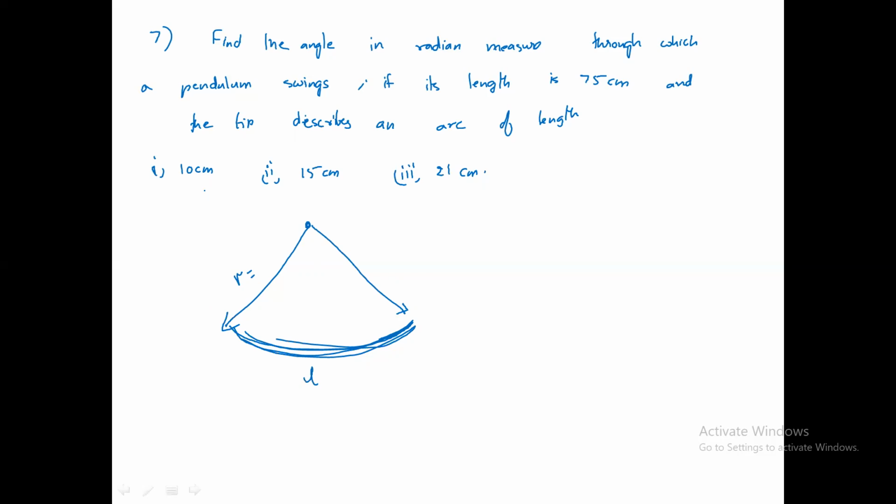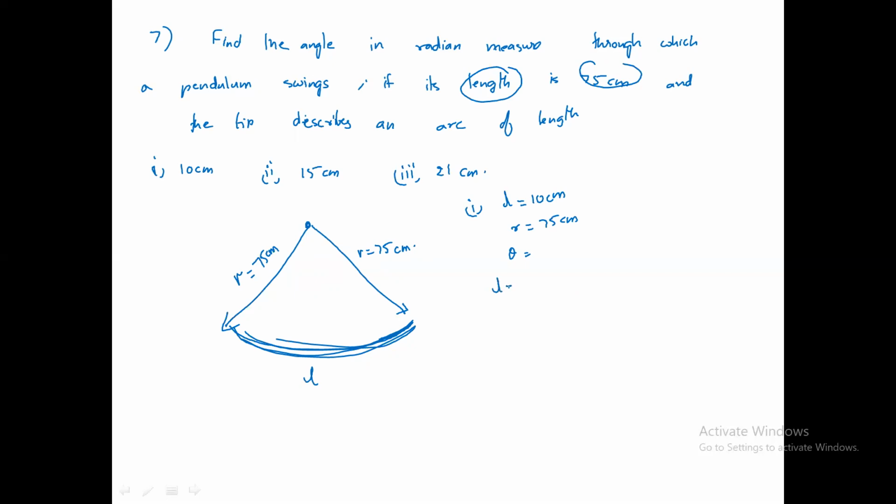The length of the pendulum itself is the radius. Length of the pendulum is 75 centimeters. Radius of the circle is 75 centimeters. Now, for the first one, length of the arc is 10 centimeters. Radius is 75 centimeters. You have to find theta in radian.